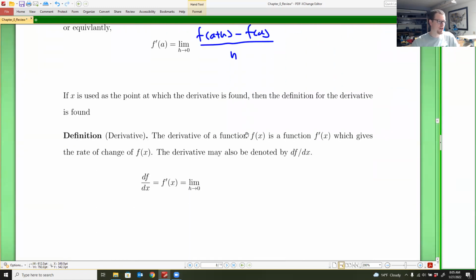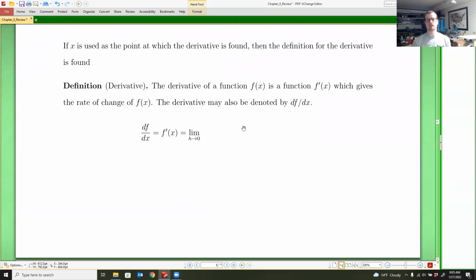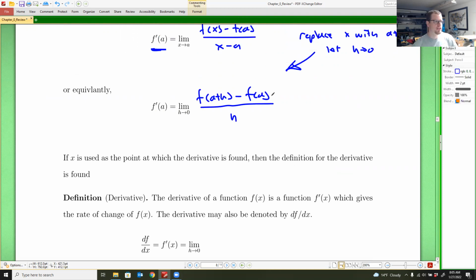All right, so in general, if I wanted to find a representation for the rate of change at any point, I wouldn't want it to be at some specific value x equals a. I want it to be at x, and then I plug in x. So what I do is I use this alternative definition, and instead of saying at some specific point a, I can now replace this a with an x to let it be some arbitrary point.